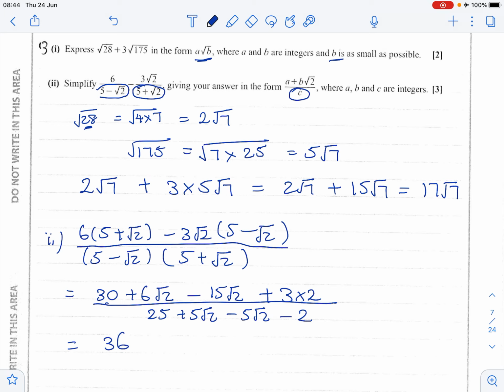We have 6 root 2 minus 15 root 2, which is minus 9 root 2. We have 5 root 2 minus 5 root 2, which cancels out. 25 minus 2 is 23.